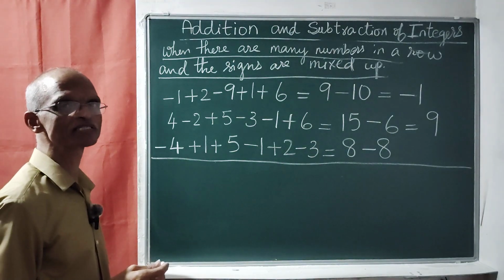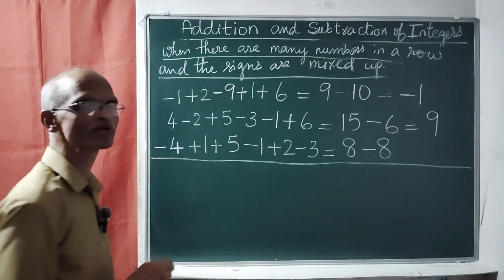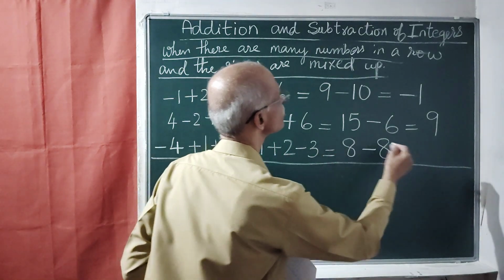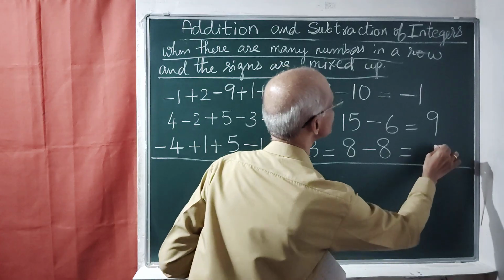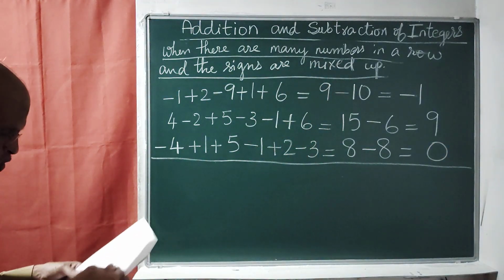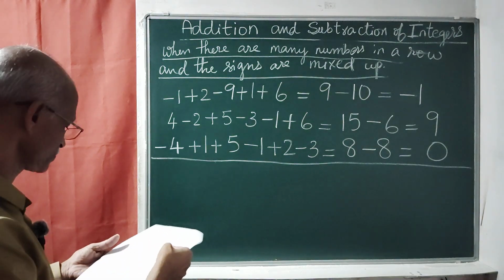So here I should subtract and put bigger number sign. I am getting 0. 0 has got no sign. We will take some more examples.